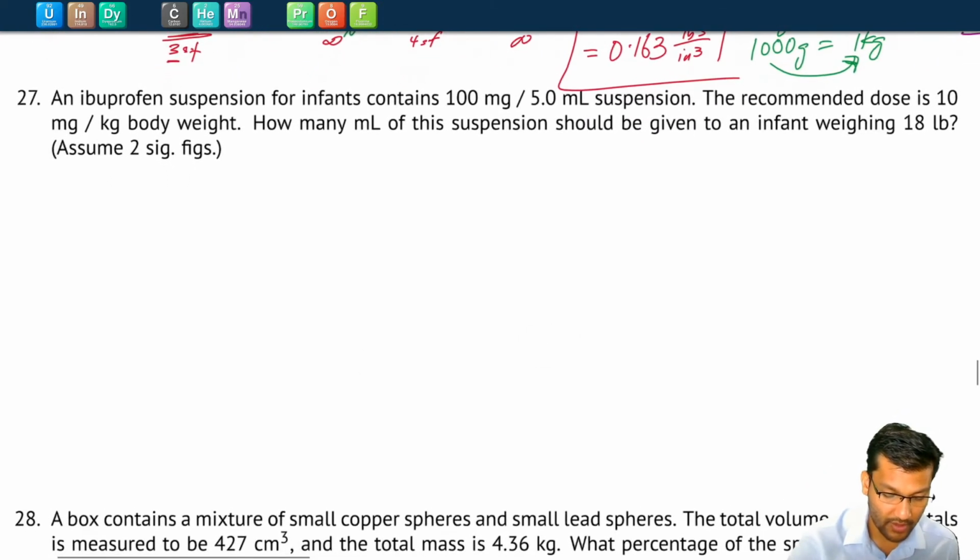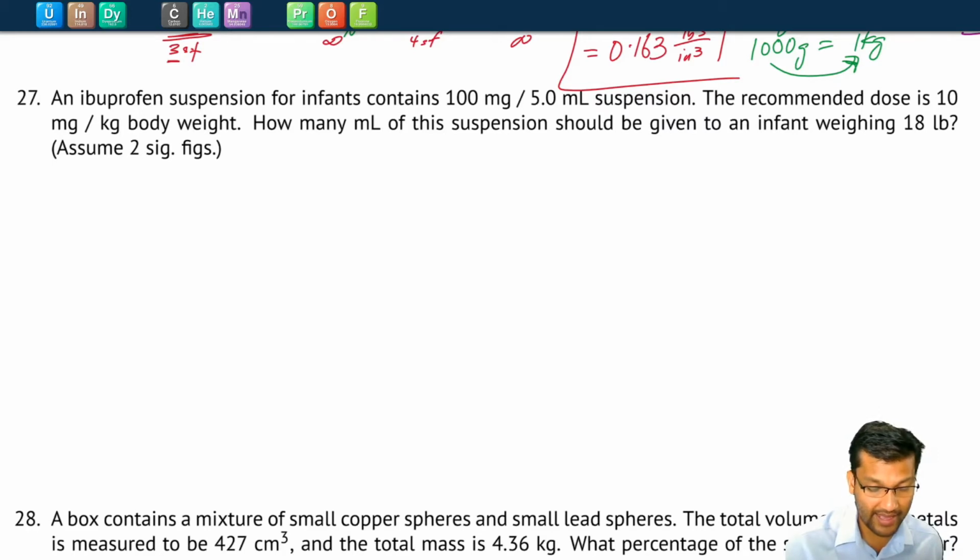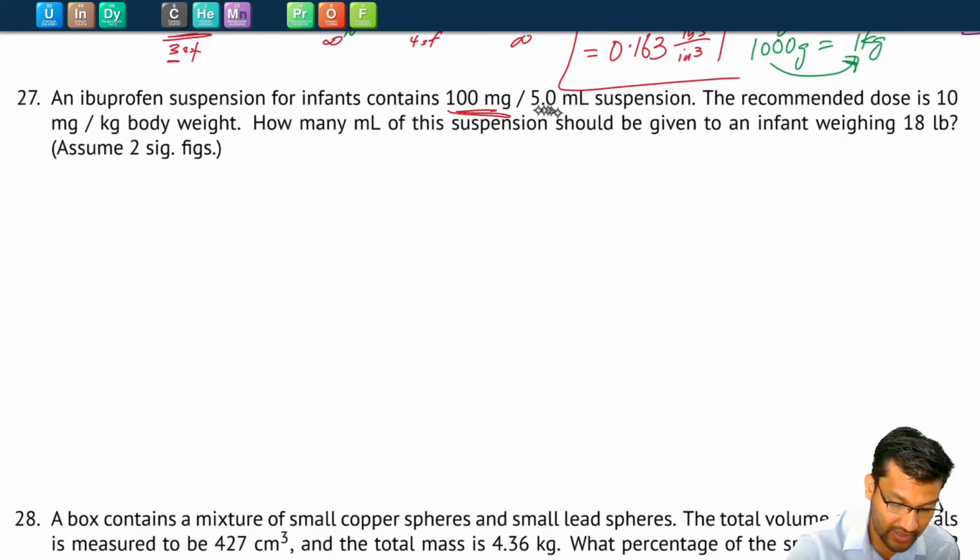Okay. In this question, it tells us about an ibuprofen suspension for infants and calculate the recommended dosage for an infant weighing 18 pounds. So let's figure out what information that we're given. Now we have a lot, like we have 100 milligrams of ibuprofen in 5 mils of suspension.